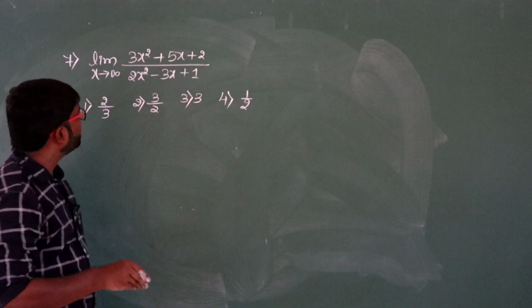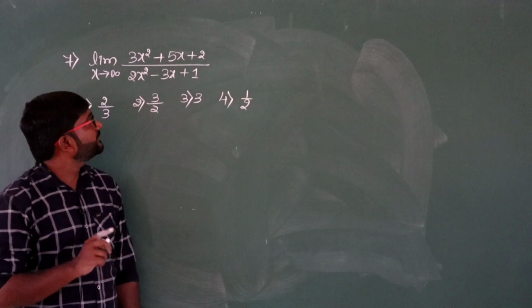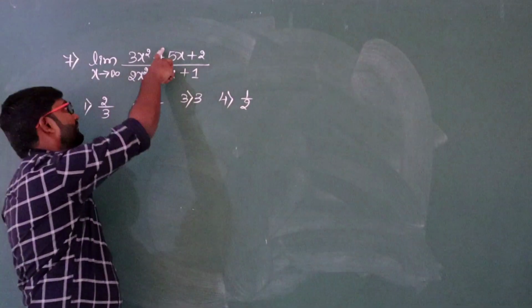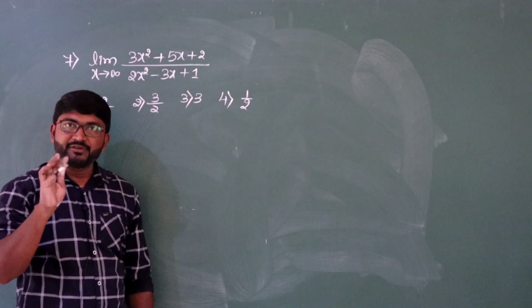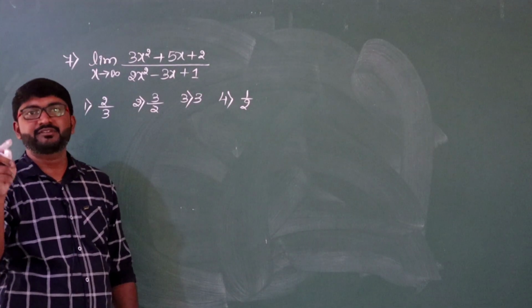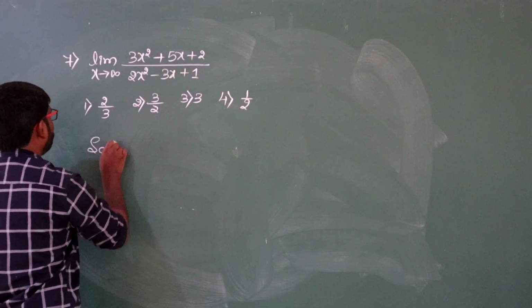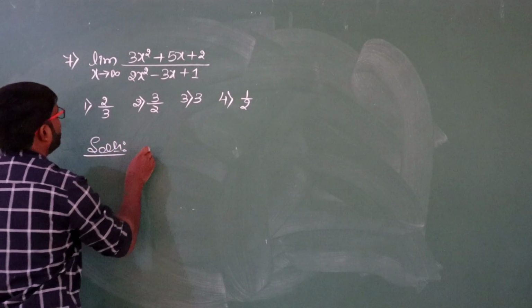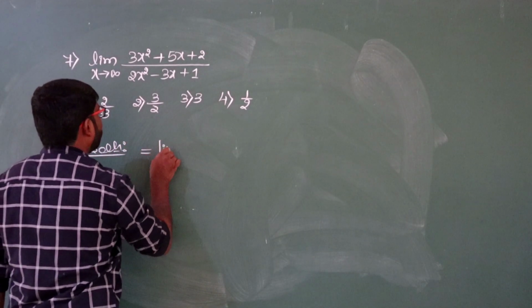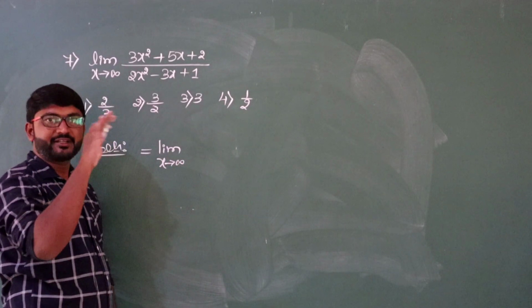So here observe the limit, it is x tends to infinity. Whenever we get x tends to infinity and we have a rational function like this, we should have x term in the denominator, so that 1 by infinity becomes 0. So that is how we need to make the adjustment. So now this is equal to limit x tends to infinity. I will take x square common in the numerator as well as in the denominator.